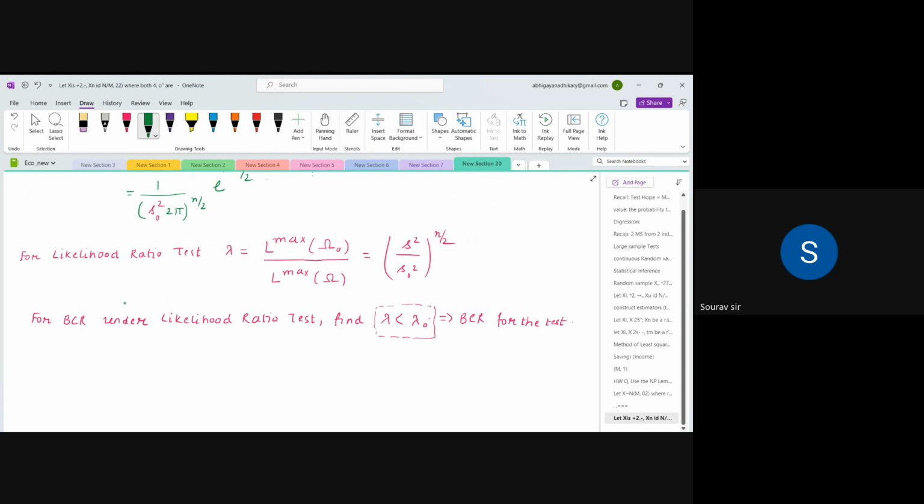To evaluate this, we need that the probability that lambda is less than lambda naught given h naught equals alpha. So before finding out the best critical region, you fix the level of significance. That will help you with finding lambda naught.